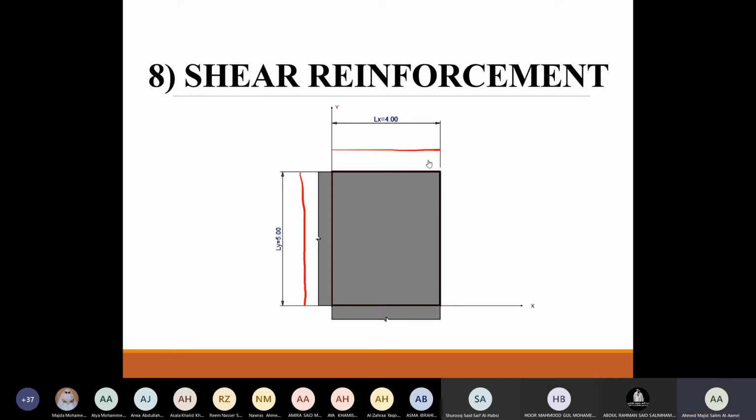And then once again, if we have a support here and a support here, and then we have a UDL, always when it comes to shear, it's a matter of going up and down. So up, down, and then up, down, and then up, down, and then up.